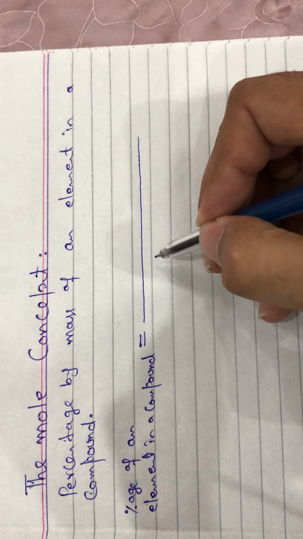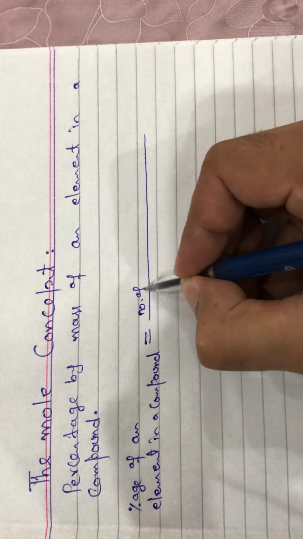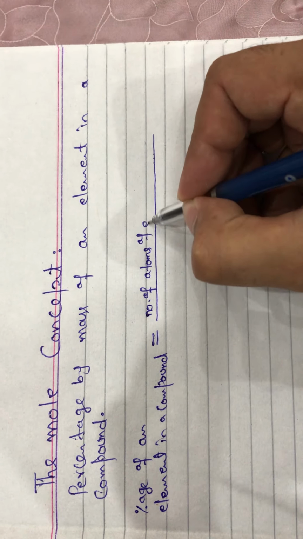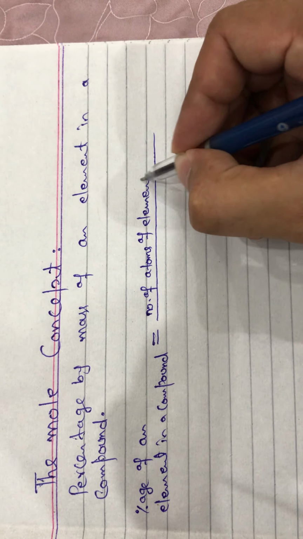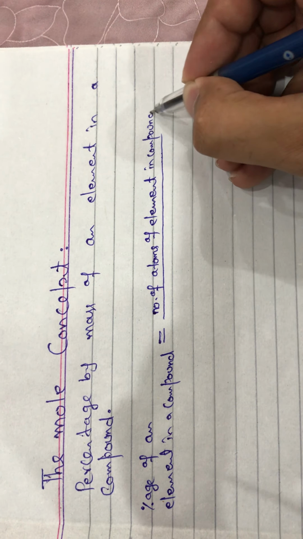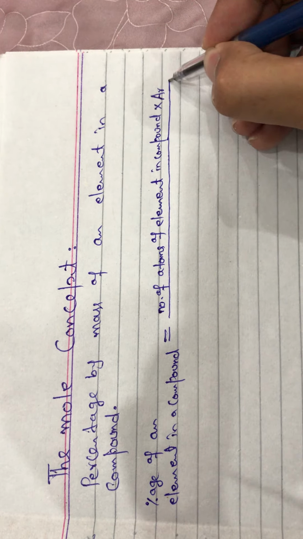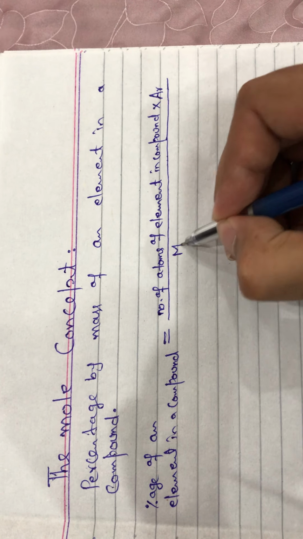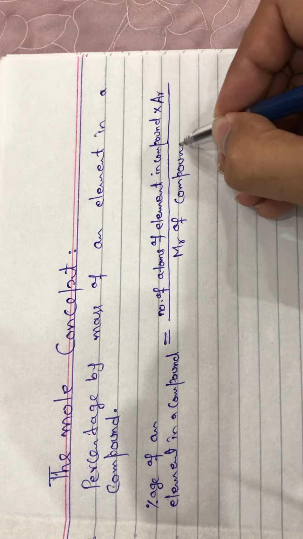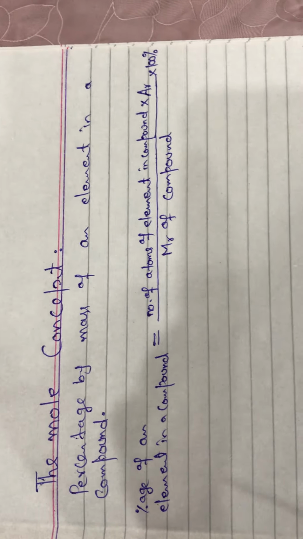So how can we find this ratio? It would be equal to the number of atoms of the element in this compound multiplied by its relative atomic mass, divided by the MR of the compound, or relative molecular mass of the compound, multiplied by 100%.